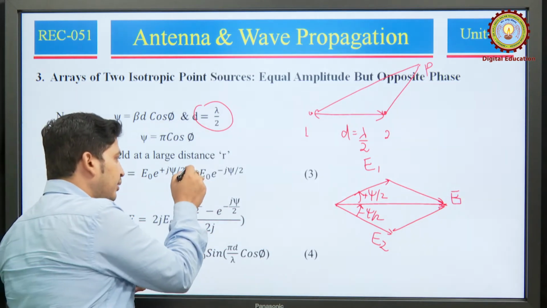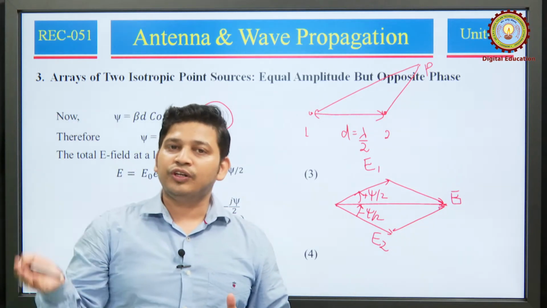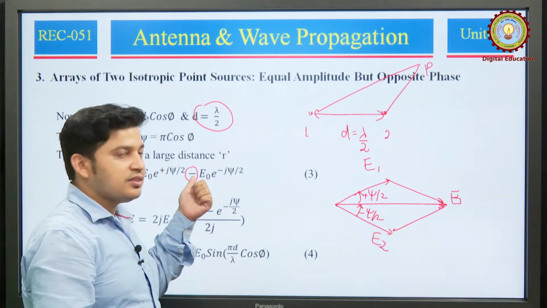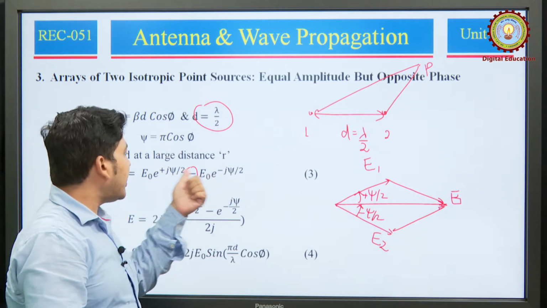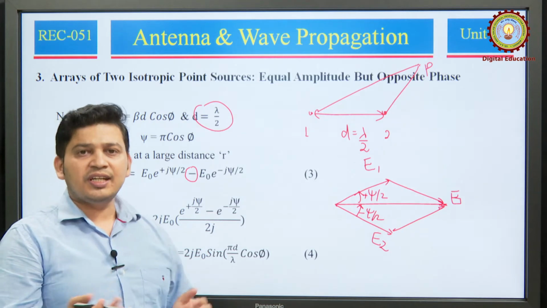Now, the important thing: because of out of phase, E 1 is equal to minus E 2, or E 2 is equal to minus E 1. So, this sign is replaced, because E naught is the magnitude but it is out of phase. The minus sign came into the picture due to opposite phase. It is very easy to understand.